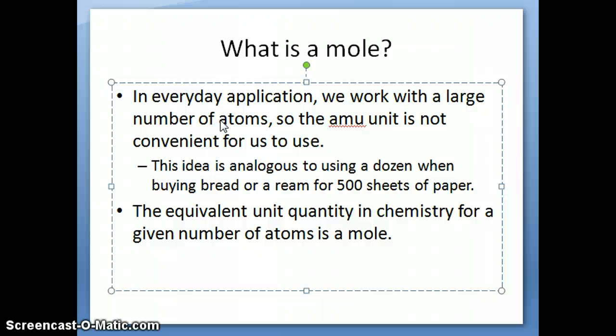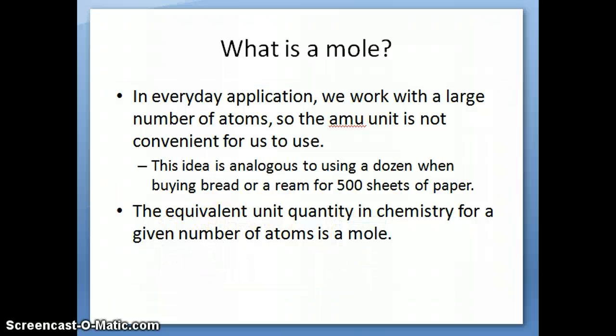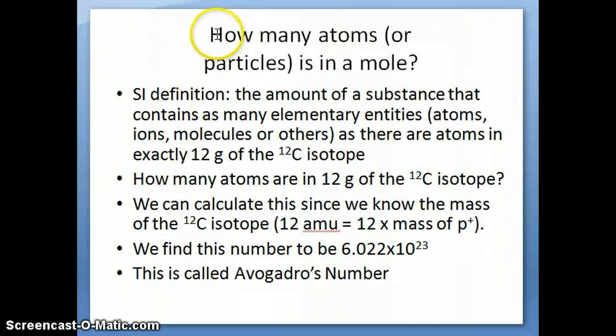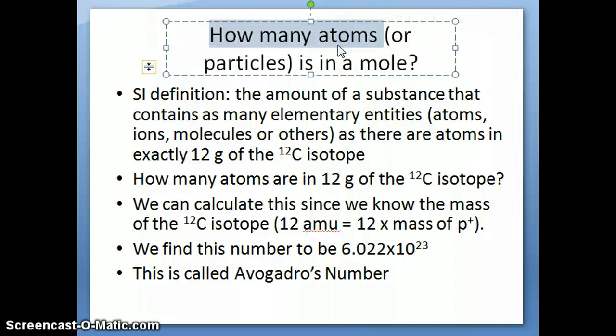The number of atoms that we work with when we work with grams of material is a huge number of atoms. So we need a quantity that denotes a certain number of atoms, and that quantity is what we refer to as a mole. So that quantity, a mole, is equivalent to a given number of atoms. Then the question is, how many atoms, or particles, are in a mole?